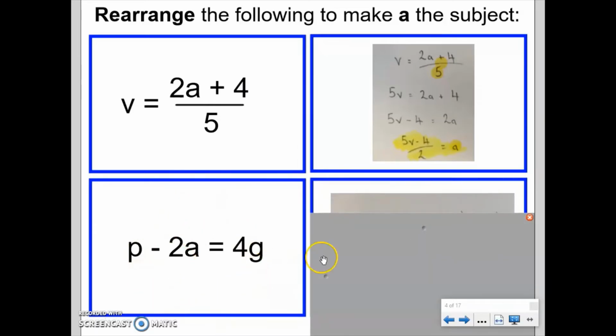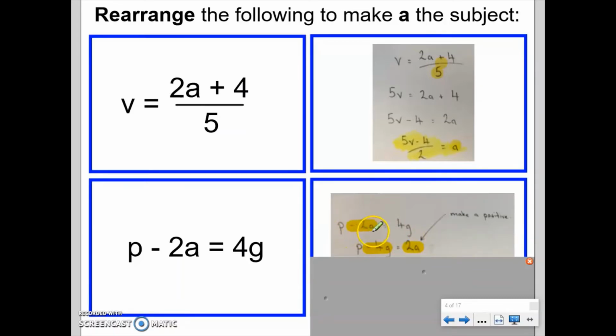For this one down here, there's my original question. And then I have subtracted 4g from each side, as well as adding 2a to each side.